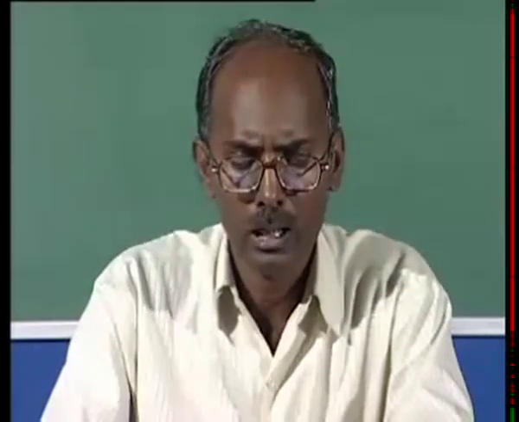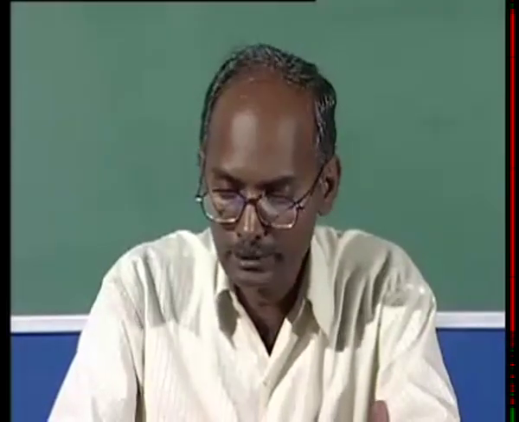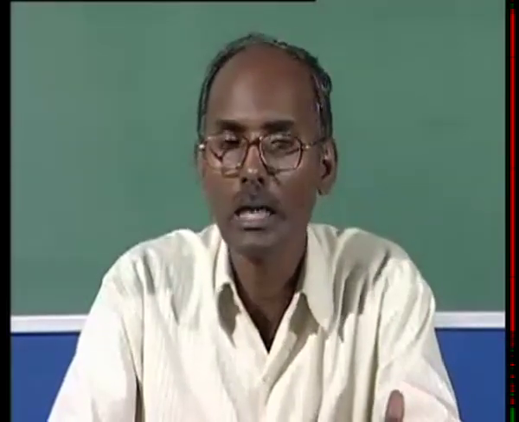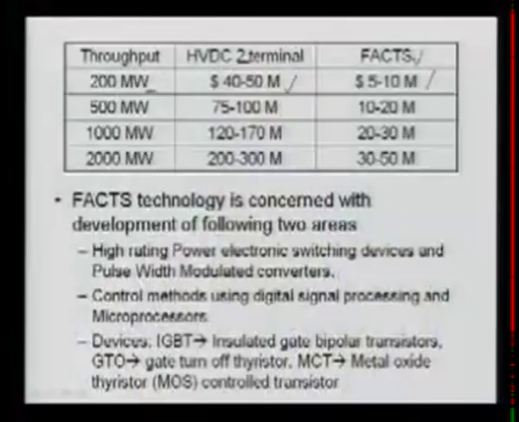Also we now have power electronic devices with higher voltage as well as current ratings, which is making it feasible, and the cost is also reducing. Another reason is that control methods using digital signal processing, that is DSP, and microprocessors and microcontrollers are feasible nowadays, and based on that we can control very efficiently and smoothly.